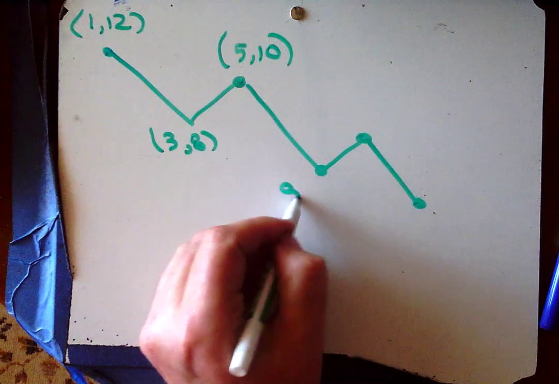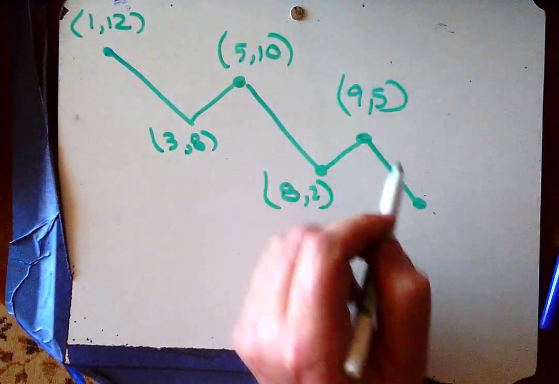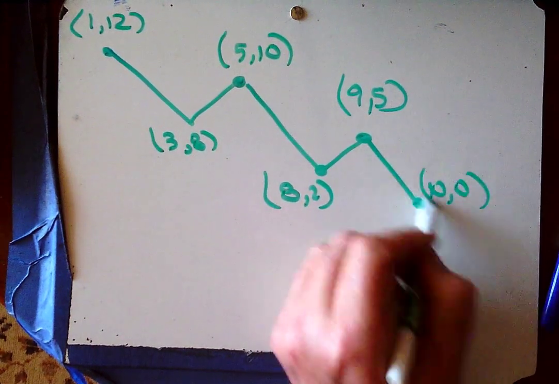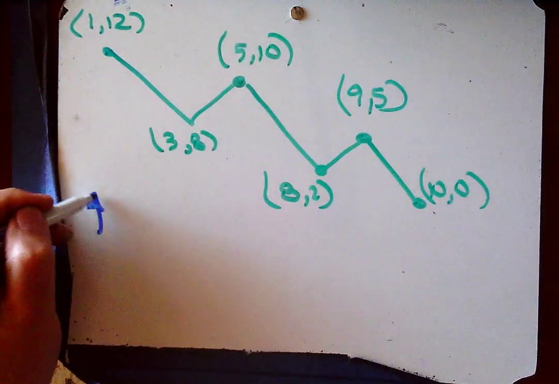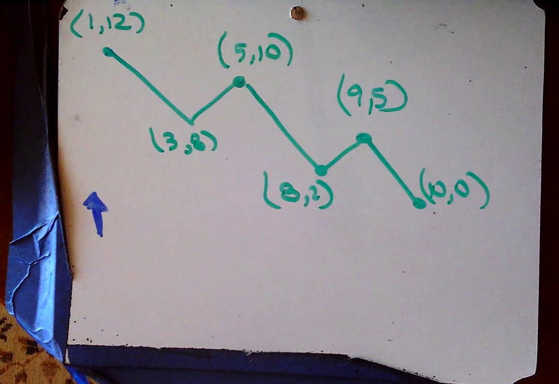And this is 8, 2. And this is 9, 5. And this is 10, 0. Okay, where is this function increasing? Use interval notation to describe when this function is increasing. Give it a try, come back when you're done, or if you have a question.